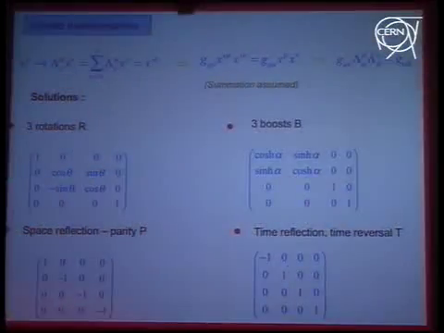But when I put it in a block involving the first row and the first column, I get something that's a boost. The difference between space and time is that you have a minus sign in the metric for the spatial indices and a plus sign for the time, and that effectively means that you're doing a rotation with an imaginary theta, and that changes it.